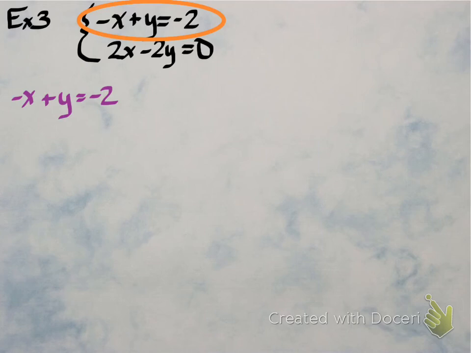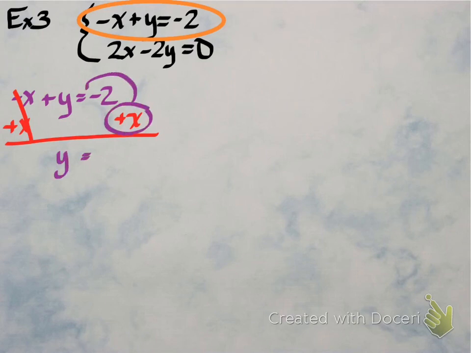I want to add x to both sides to get it to cancel out. So y is equal to x minus 2. I like the x first, and a positive x doesn't need a sign in front of it.